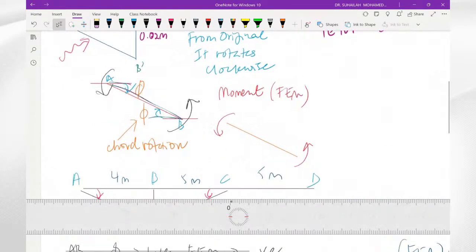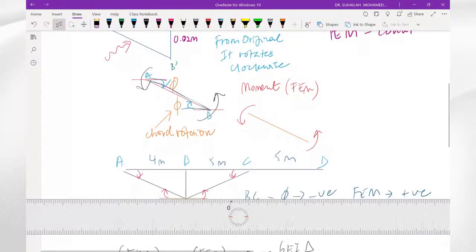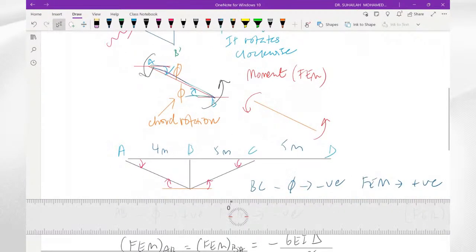loading. So that's all about the concept that you need to know before we can start doing any problem for beam using the moment distribution method. We must understand first how the beam behaves due to settlement.